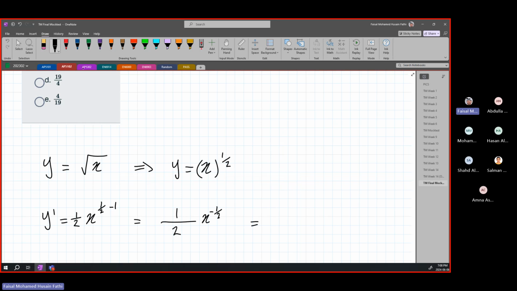Minus half means it can go into the denominator, so it's going to be 2x power half, meaning it is going to be 1 over 2 square root x. Okay, this is how you would solve for this question.